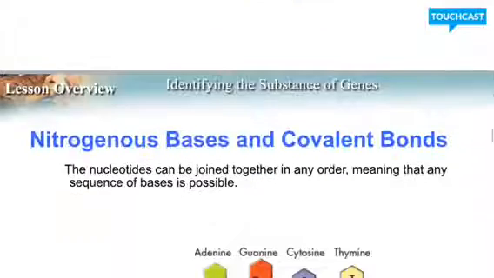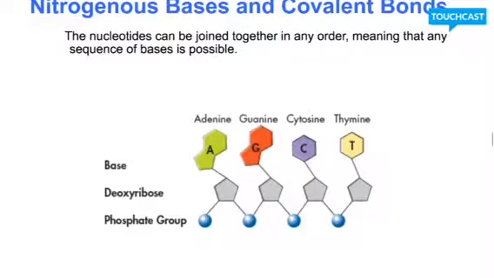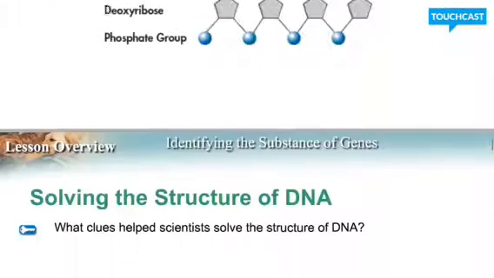What you need to know is that you can join these nucleotides in different orders. So you can have an adenine next to guanine, next to cytosine, next to thymine, or you can have thymine next to cytosine, then guanine, then adenine, and so forth. So that's the structure so far.